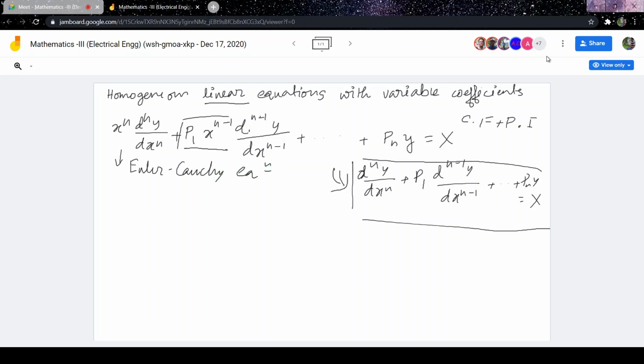We will put the substitution x is equal to e to the power z, or z is equal to log x.